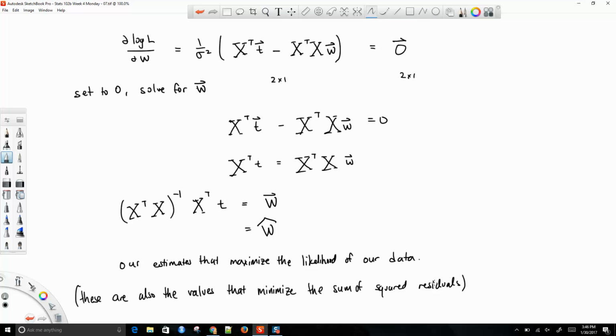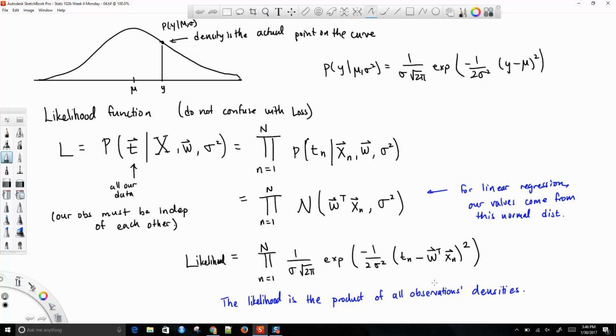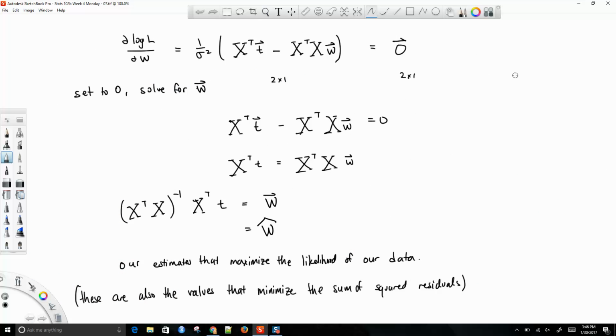It ended up this way because if we look at the density function of the normal distribution, inside it there's something that looks very similar to the squared residual term. So that's part of the reason why we arrive at the same solution, but that's not always going to be the case.